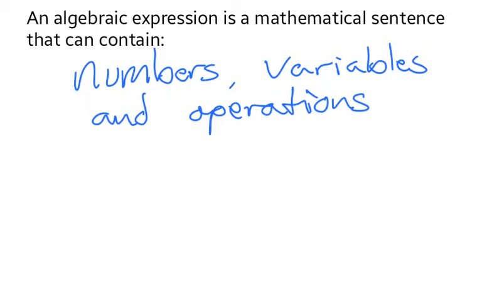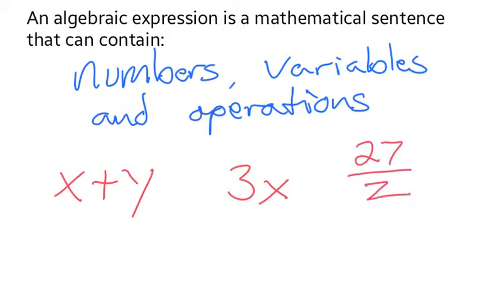Examples of this include x plus y, 3x, 27 divided by z, and some of these have only variables and some have a combination of numbers and variables. You could also use x to the second power, or x squared as an example.